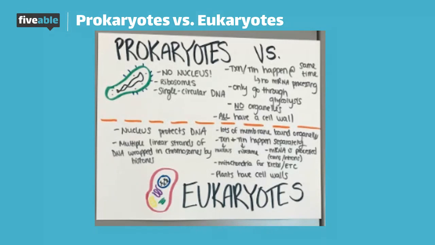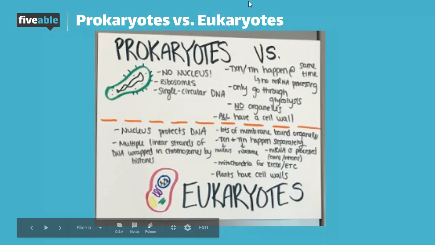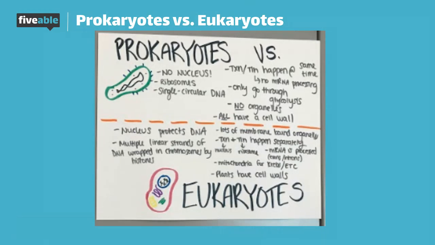I realize that I didn't write that down, so you can feel free to add that to your own notes, but they're all single celled. And most of them, or a lot of them, are mobile. They can move around. So if you remember learning when you were in maybe an intro bio class about flagella or cilia, those are going to be located on prokaryotic cells, but not eukaryotic cells.